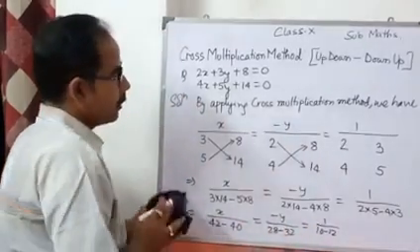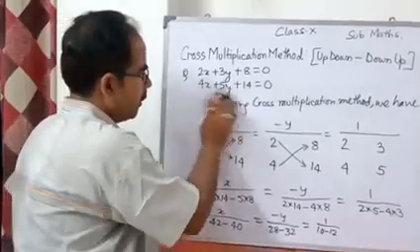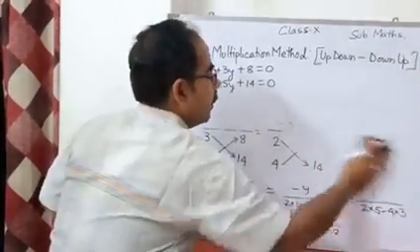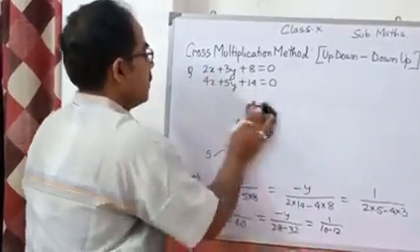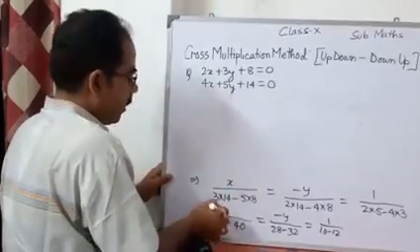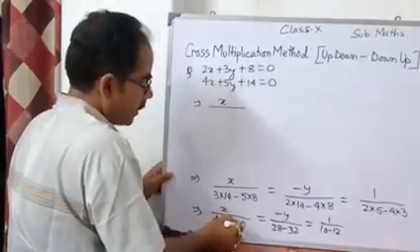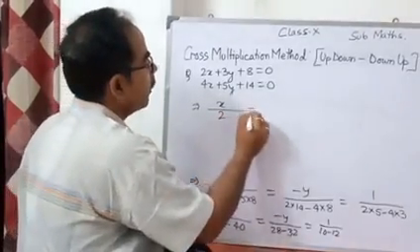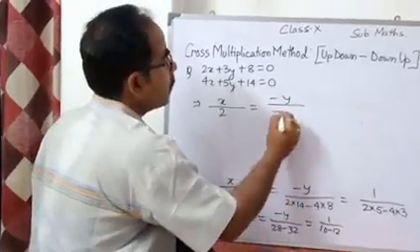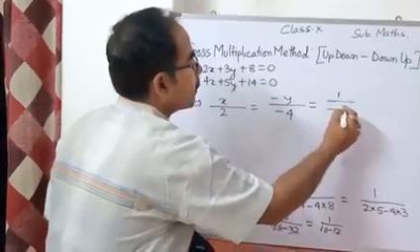Yes students, I am rubbing a few parts so that I can proceed. So what you are getting after that, x by 42 minus 40 means 2, equal to minus y by 28 minus 32 means minus 4, and here 1 by minus 2.